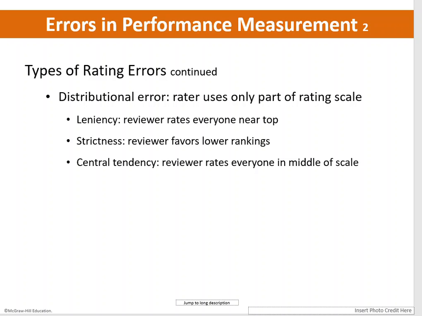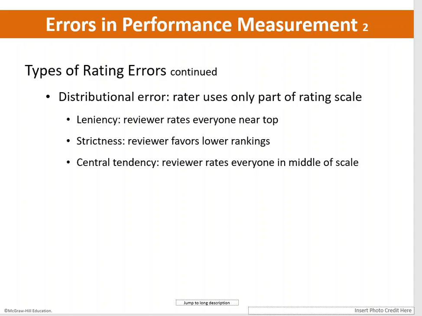And that could be a problem if I'm manager A and there's manager B. I'm strict. My employees are going to look worse than manager B's employees, because they're more lenient, and they might be eligible for more promotions based on that. Or I may just do the central tendency, where I put everyone in the middle of the road.